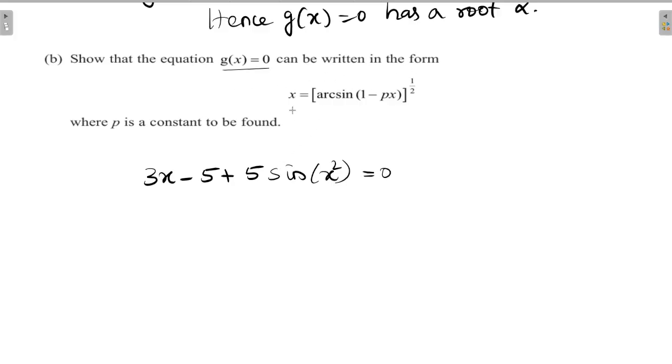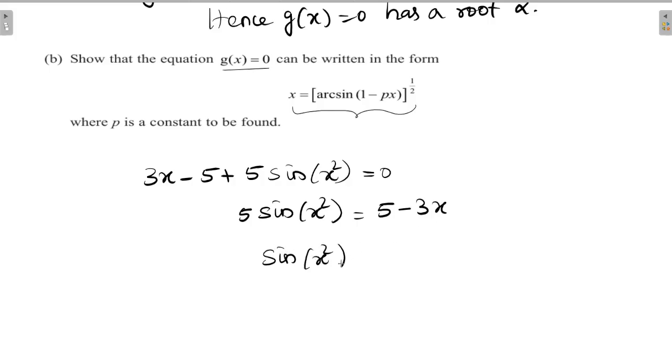So let us start here. 5 sin(x²) is equal to these two terms, and I am turning them to the right side. So this term is going to be 5 − 3x. Now sin(x²) is equal to, this term divided by 5, so 5 by 5 is 1, minus 3 by 5 x.